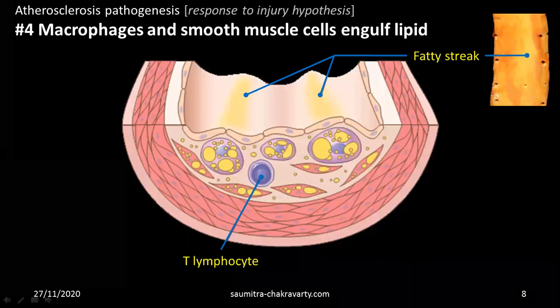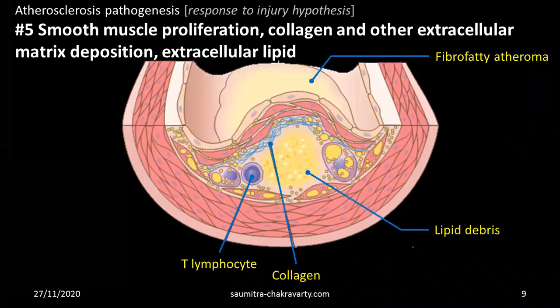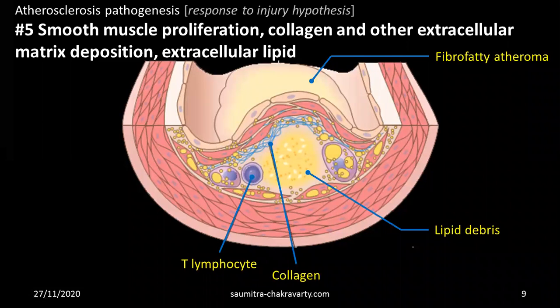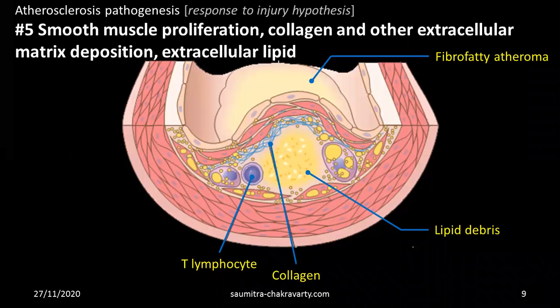They also play a very important regulatory role here, because basically this is an inflammation that's gone awry. Now, the smooth muscle proliferation, collagen, and other extracellular matrix deposition, and some accumulation of extracellular fluid, all these make the atheroma. Now we have got our full-blown atherosclerosis. And now that surface is no longer a fatty streak or a yellow line.